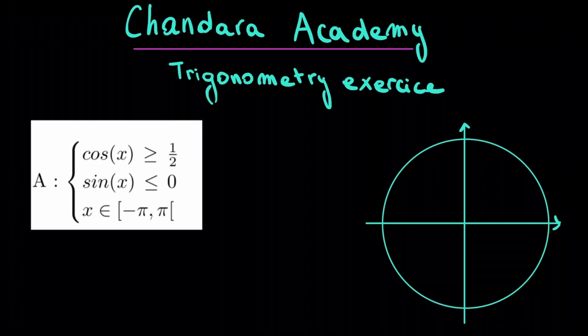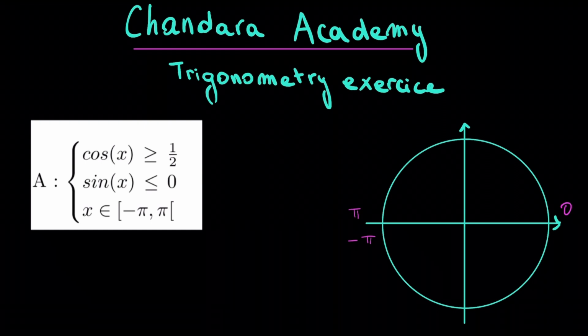First, let's position ourselves in the appropriate trigonometric circle. Over here we have 0, we have minus pi, and pi. Now we're going to fulfill the first inequation.